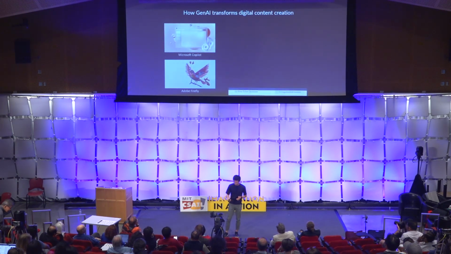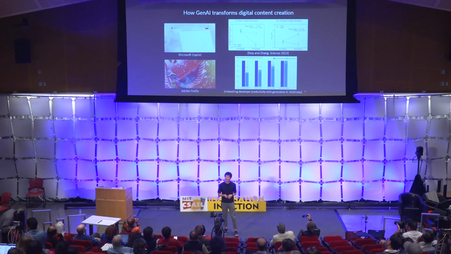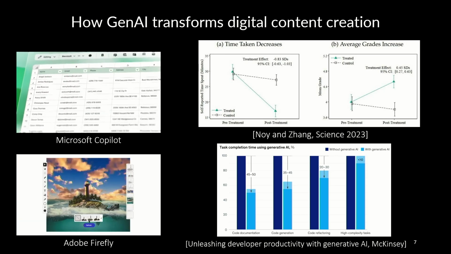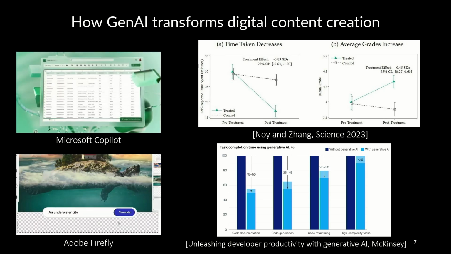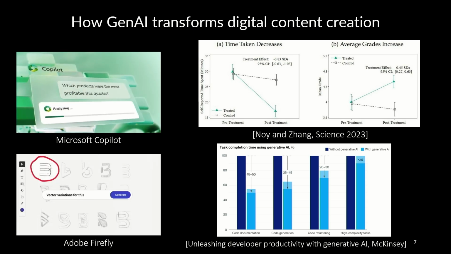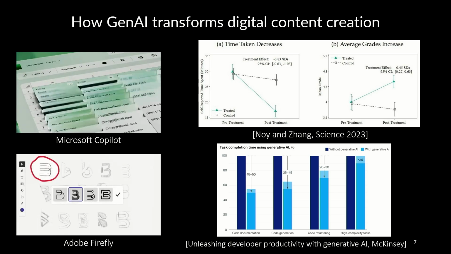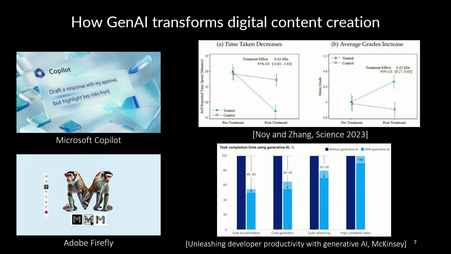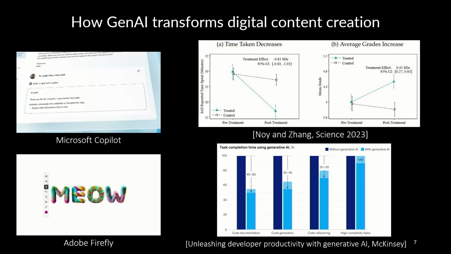There is also research showing that this kind of technology can improve people's productivity a lot. Specifically, it increases performance and reduces the time of working on stuff. In general, it's an amazing tool that can assist humans in their jobs.